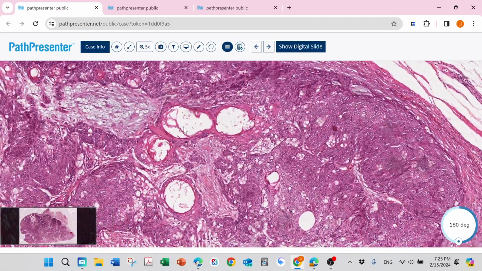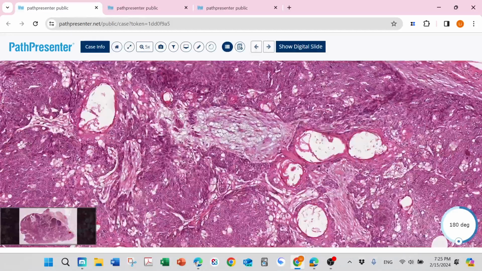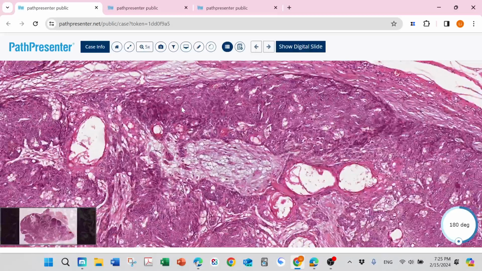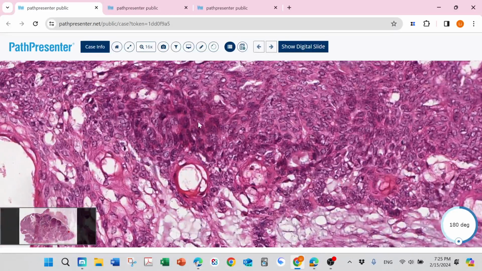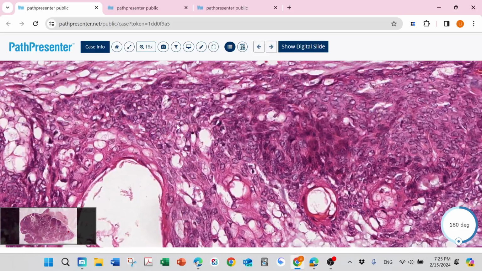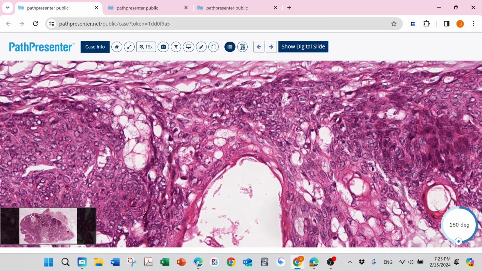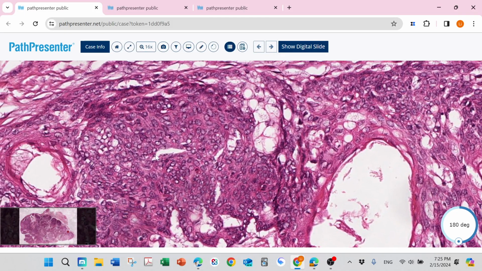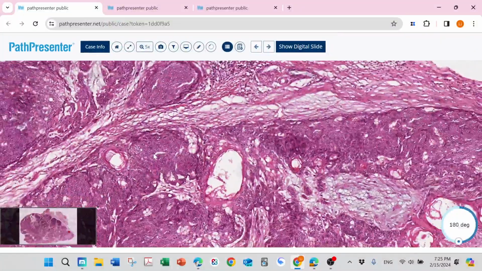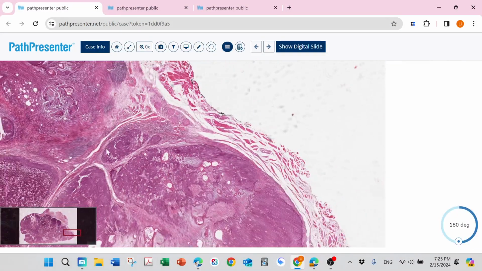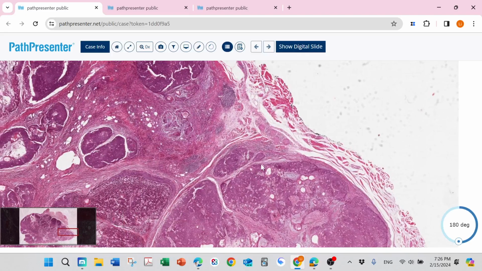This slide is not really high resolution, but you can see these cells are really atypical, really big compared to this one. So you need to think of sebaceous carcinoma.